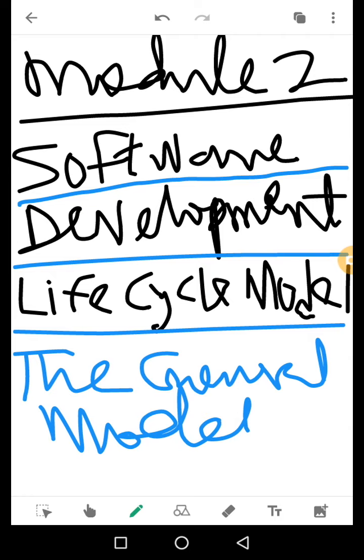Don't be confused that for the general model, each phase produces deliverables needed by the next phase. What is meant there is that what the design phase needs will be produced by the requirement phase, what the implementation phase needs will be produced by the design phase, and what the testing phase needs will be produced by the implementation phase. I think you understand now.